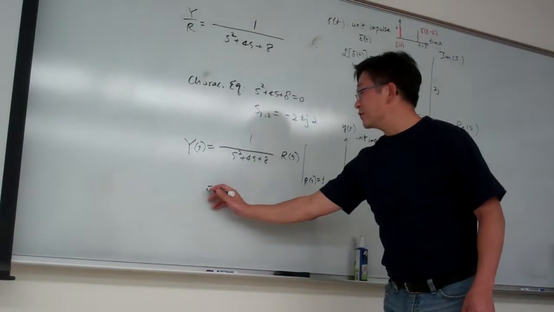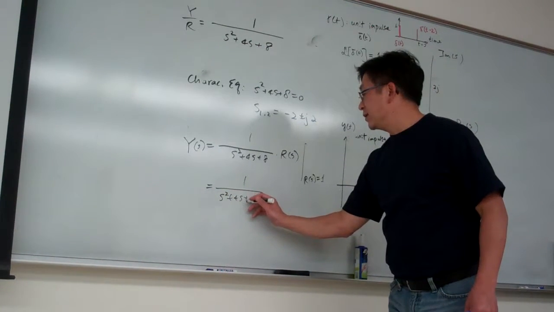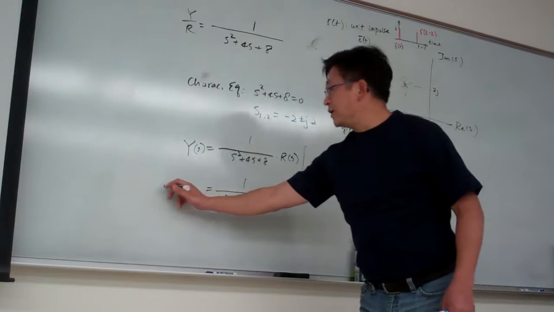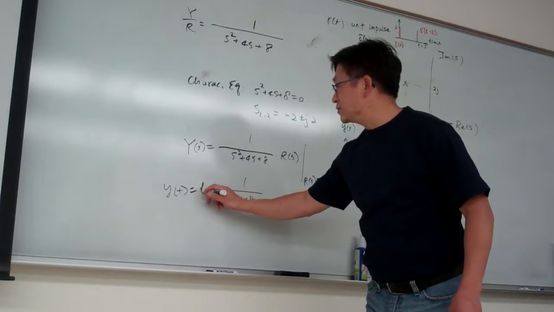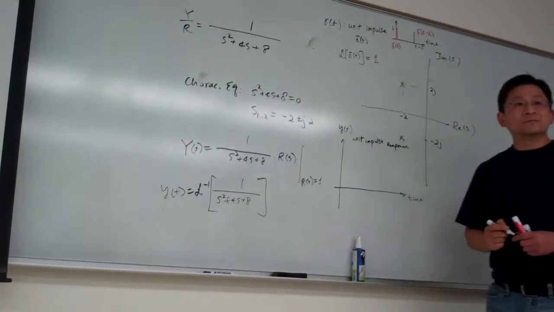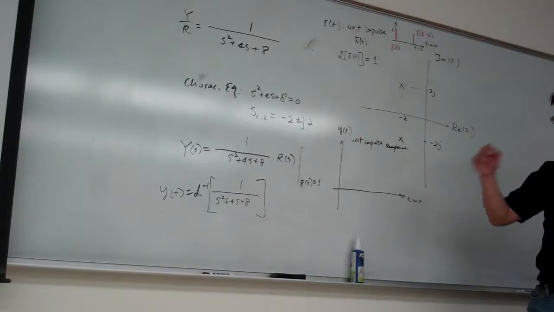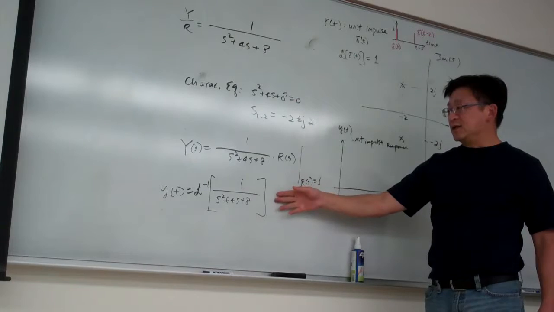So simply you calculate 1 over s squared plus 4s plus 8. So y(t), the unit impulse response of the problem, you simply calculate the inverse of this one. Okay, and proceed, do your calculations.